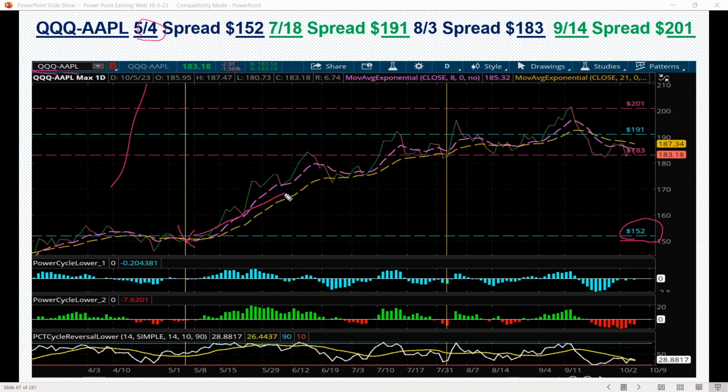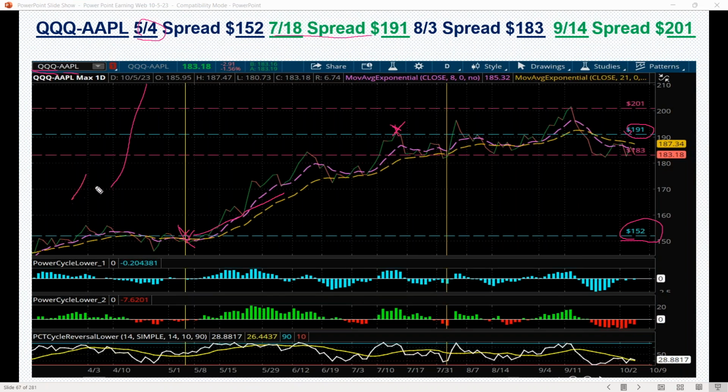It went to a high of 191, right there on July the 18th. So it went from here, where QQQ was $152 over Apple, and QQQ was stronger. It was going up faster and greater than Apple, which was also going up at the same time. Now that spread was up to $191 per share over.